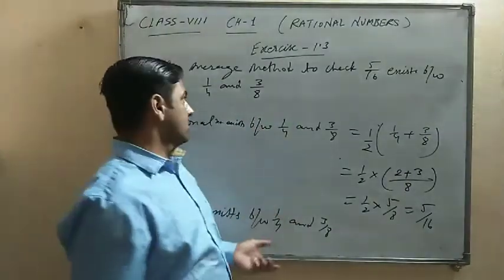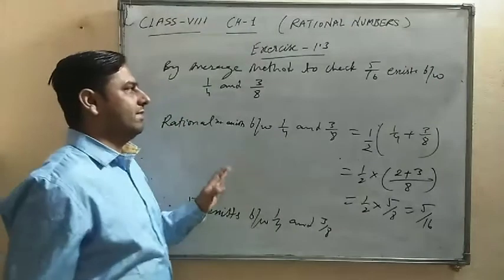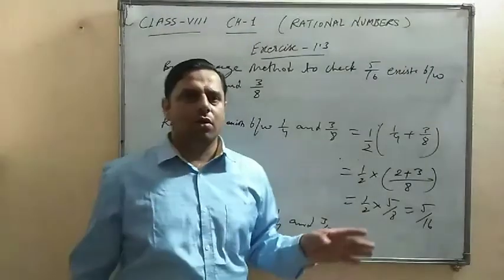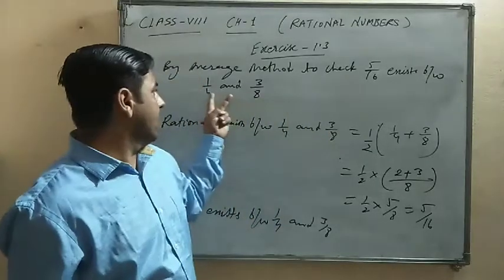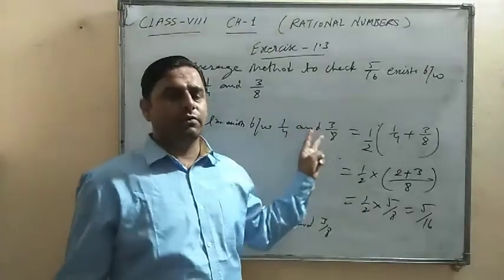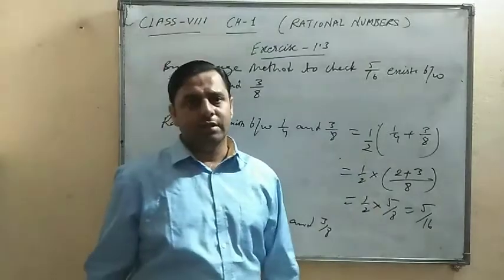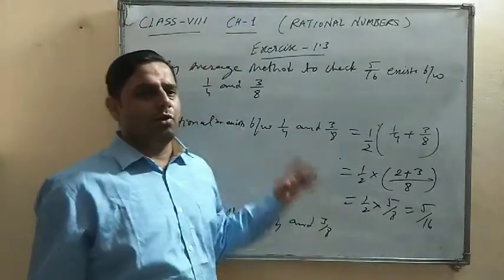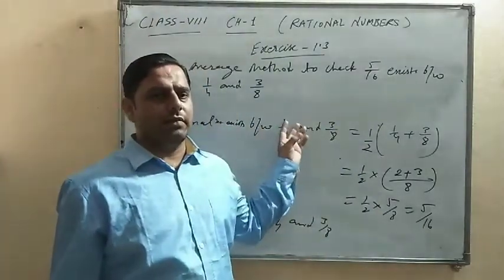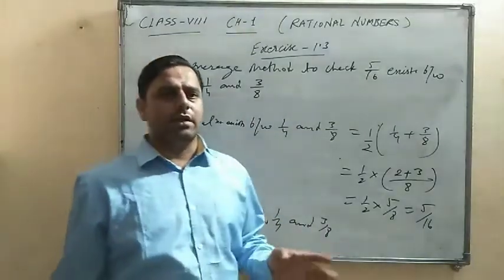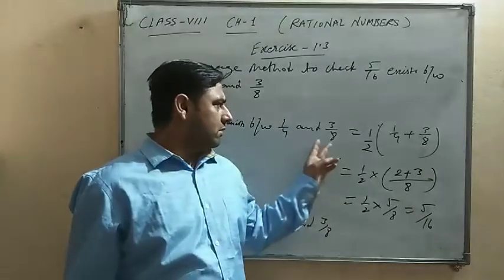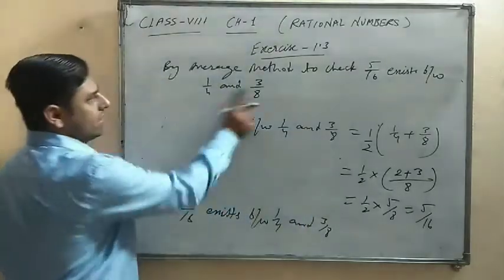Okay. So we will use average methods if there is one or two rational numbers required to find out between two numbers, then we will apply average methods. If there is more than two rational numbers are required to find out between two rational numbers, then we will apply the equivalent methods.